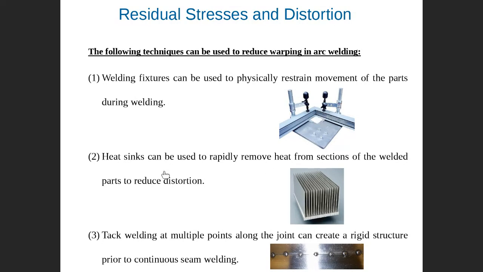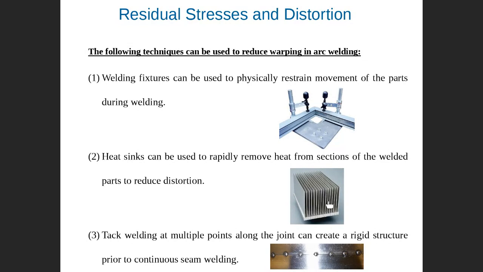Also we have what we call a heat sink. You increase the surface area. We add this heat sink to the weld, or do the weld above the heat sink. What will happen?